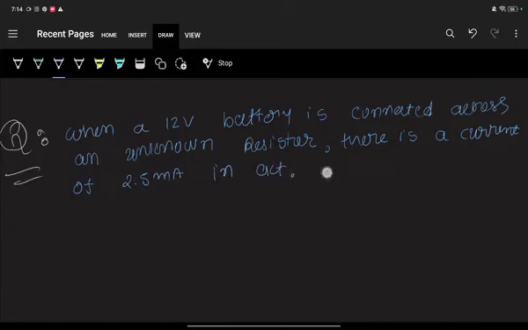Find the value of the resistor. Try this question.